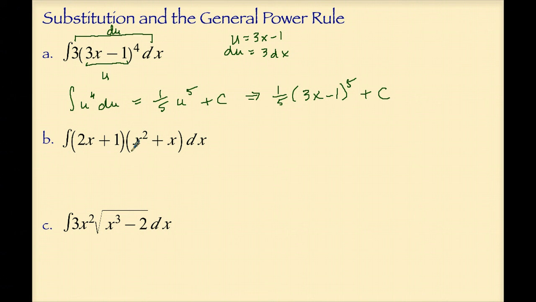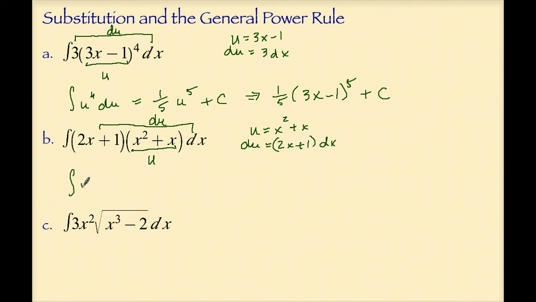This is the more complicated looking function, so let's see what happens if we let this be u. It turns out that the derivative of x squared plus x is 2x plus 1. So this piece with dx is our du. So that means u is x squared plus x. du is 2x plus 1 dx.